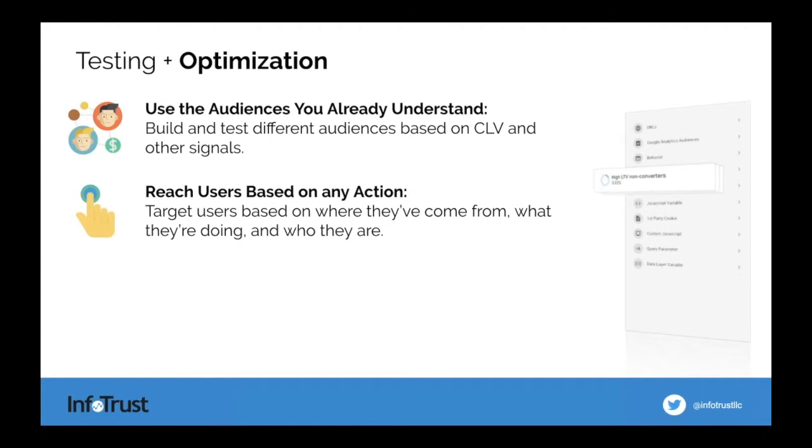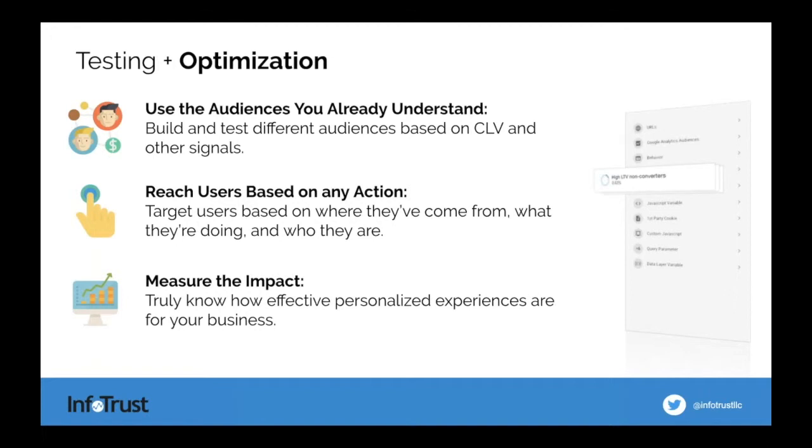You can reach users based on any action, so obviously targeting users from where they are coming from geographically, what type of device they're using, what they're ultimately doing on your site, and who they are. So a number of different opportunities here for you to utilize Analytics 360 to deliver these tailored experiences to hopefully improve your conversion rates on the site.